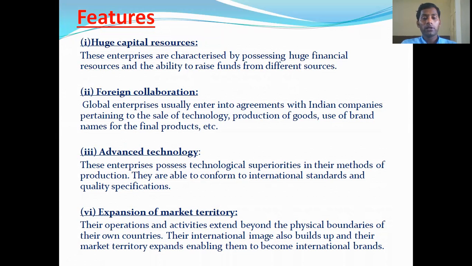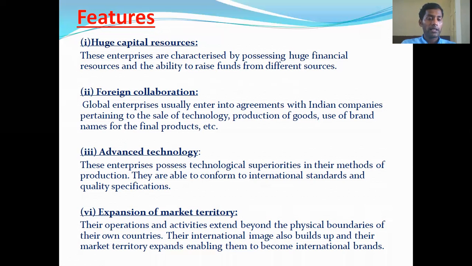They are able to conform to international standards and quality specifications. They won't make any compromise in the quality and standard of the product. That's the main feature of global enterprises. They are technically superior, they use technology in the method of production, and then they are able to produce international quality and standard goods. That's the third feature of global enterprises.